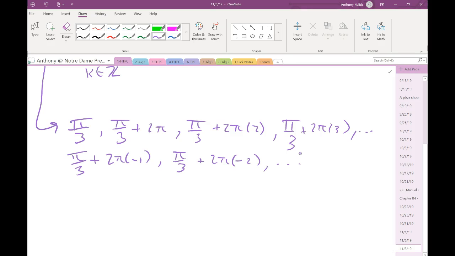It's describing all the angles that are coterminal to pi over 3. So that's all that plus 2 pi k is doing. Because we can't list the infinitely many of them, we're just going to describe them as a set.